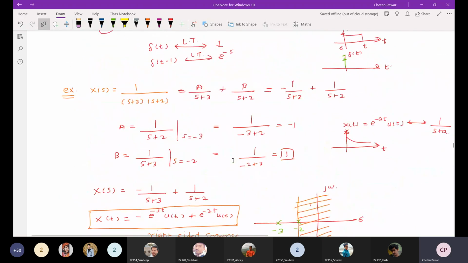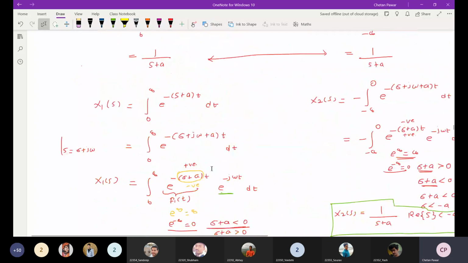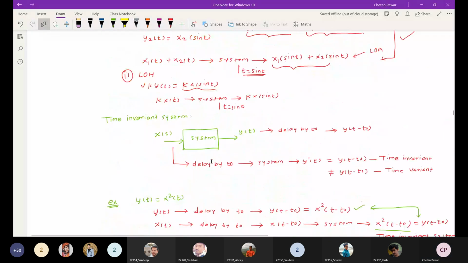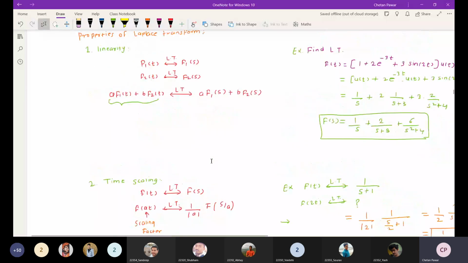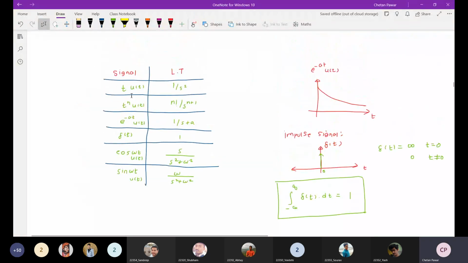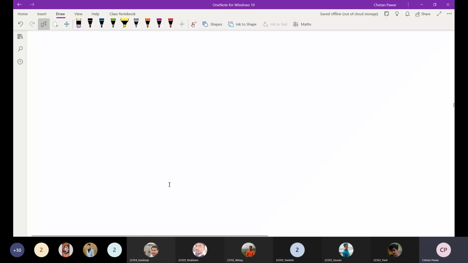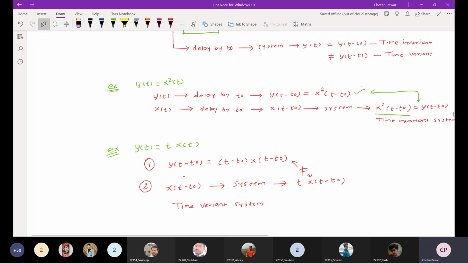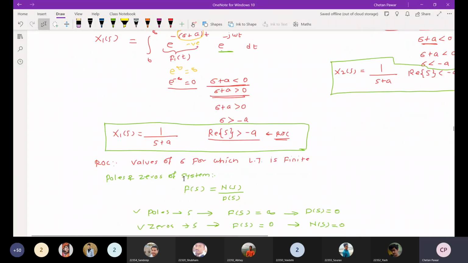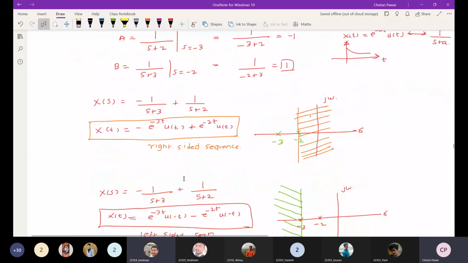We have seen that in the standard Laplace transforms. t into u of t is 1 by s squared. t raised to n into u of t is n factorial upon s raised to n plus 1. So if I multiply any signal with t, what will be the effect on the Laplace transform of that signal? Denominator squared.